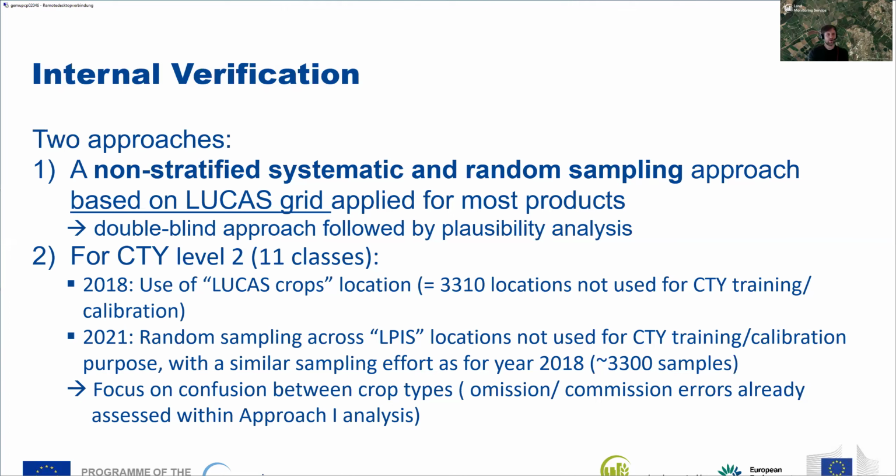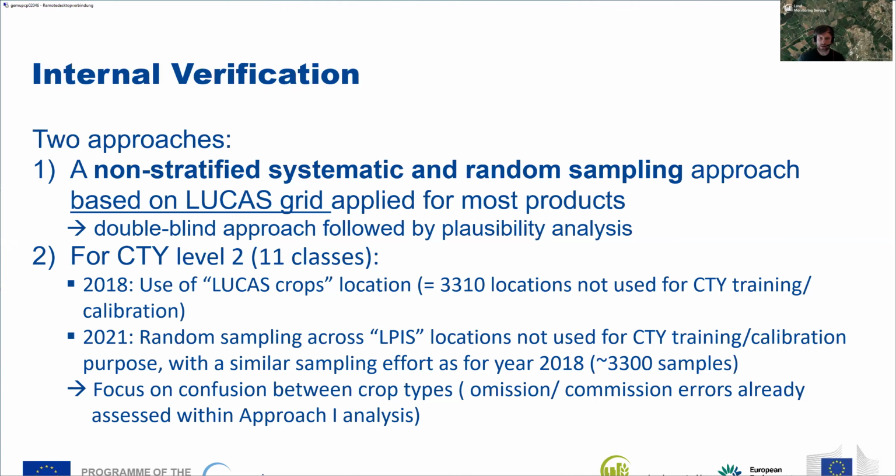And then for the crop type level 2, so this second approach for the crop type, uses for the verification 2018 Lucas data and Lucas crops allocations data that were not used during the crop type training. And due to the absence of Lucas data for 2021, a different sampling method is used for the verification of 2021.